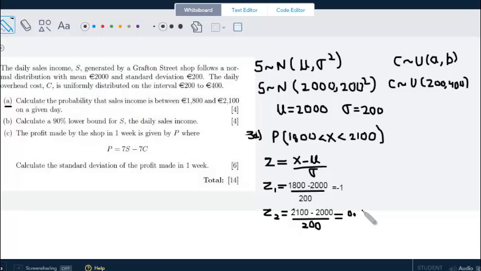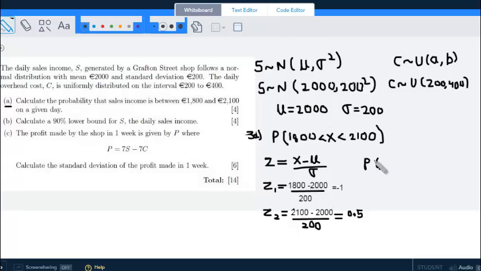So we are doing the standardization. So probability of the corresponding z scores we will be inserting here. So 1800 was nothing but -1, and 2100 would become 0.5.